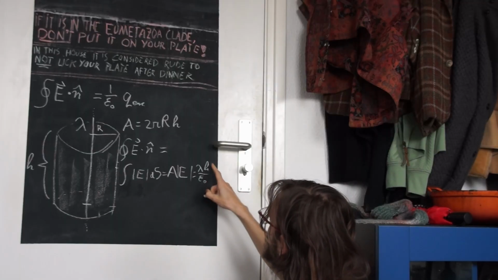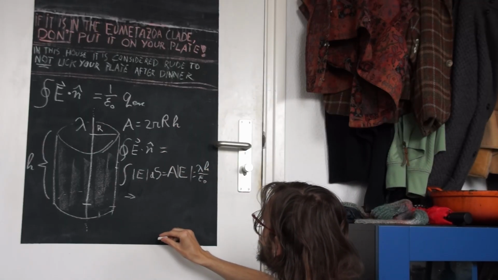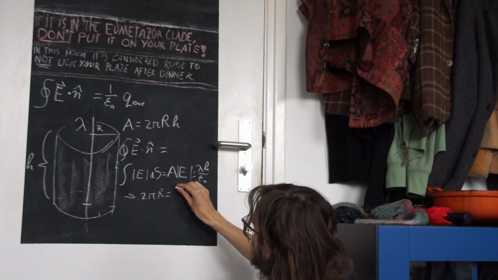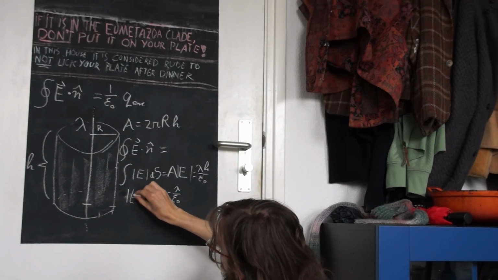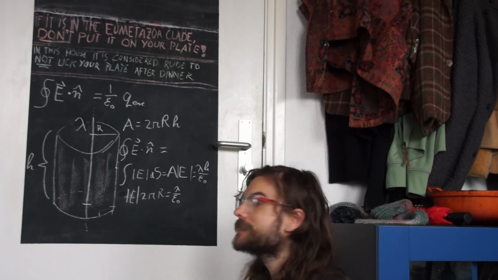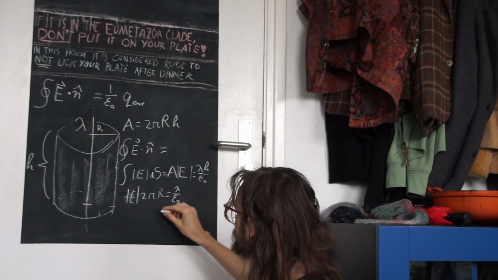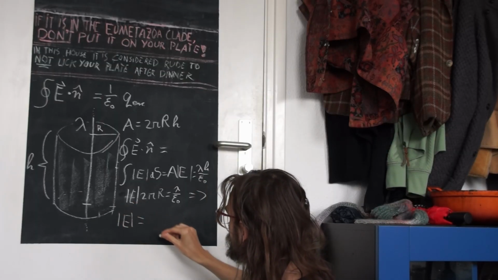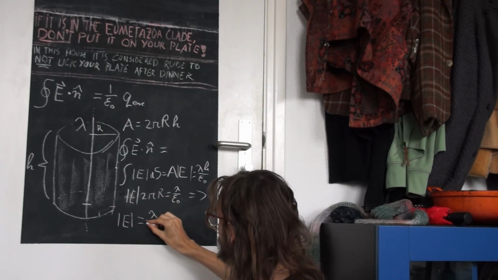We divide both sides by h, and then we find that 2 pi r E equals lambda over epsilon naught. So now we find that the strength of our electric field can be calculated as E equals lambda divided by 2 pi epsilon 0 r.